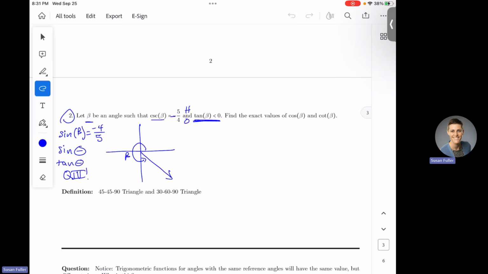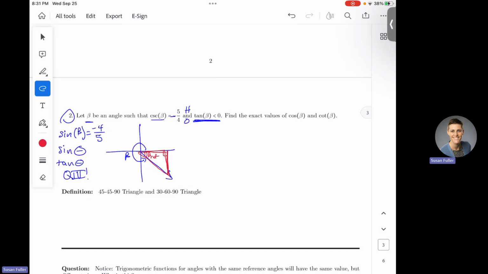And so from here, in order to find the trig functions of this giant angle, remember we have to use our reference angle. So here is my beta ref, and I'm going to drop my terminal side down to my x-axis to make my reference triangle. And this is the triangle that I'm going to use to kind of solve this problem.